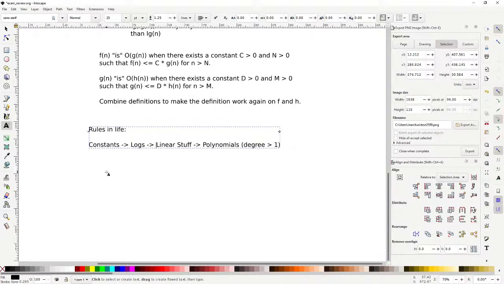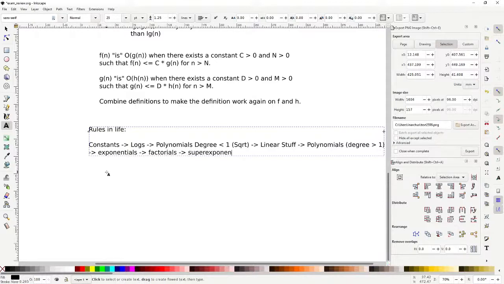Really, actually, polynomials of degree less than 1, so like square roots and stuff. And then above polynomials you have exponentials, and then you'll have factorials, which are slightly super exponential. And then finally you end up with super exponential stuff, like the e to the n stuff.